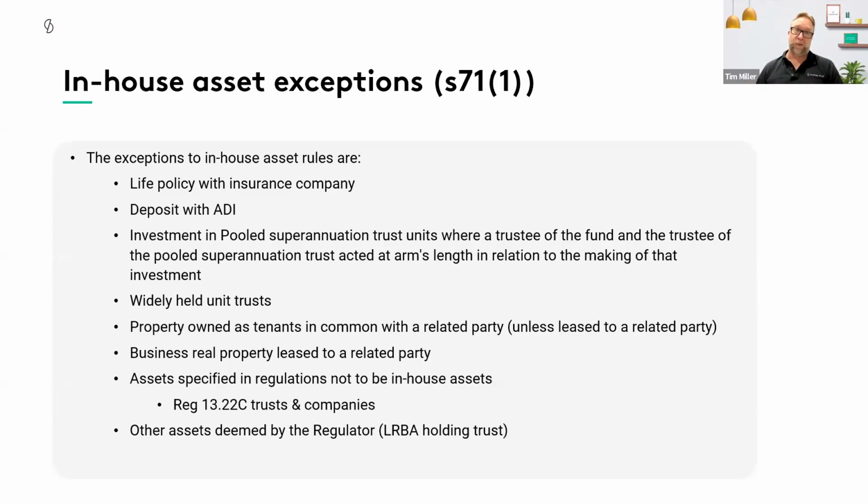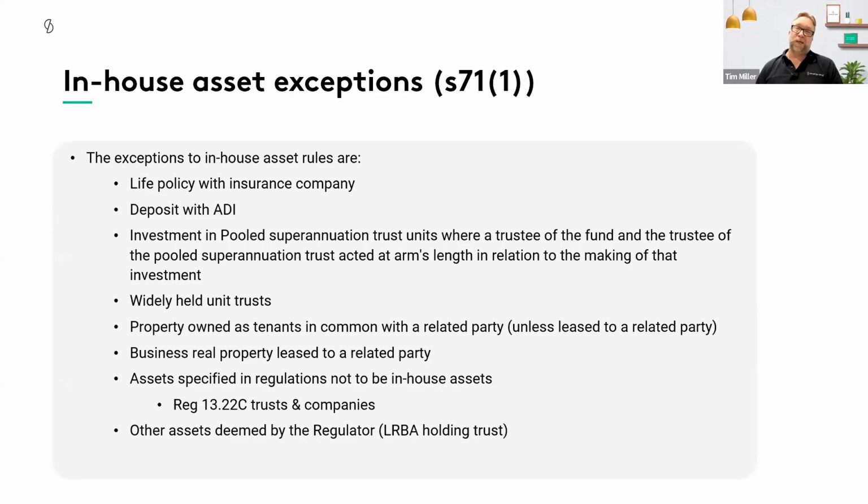So not only have we got the in-house asset exception here, we've also got our regulation 13.22B and 13.22C trusts and companies that provide for an exception to the in-house asset rule if you hold an investment in a related company or trust and the only asset of that company or trust is business real property. So it basically provided this overall benefit for business real property to be transferred into a superannuation fund.